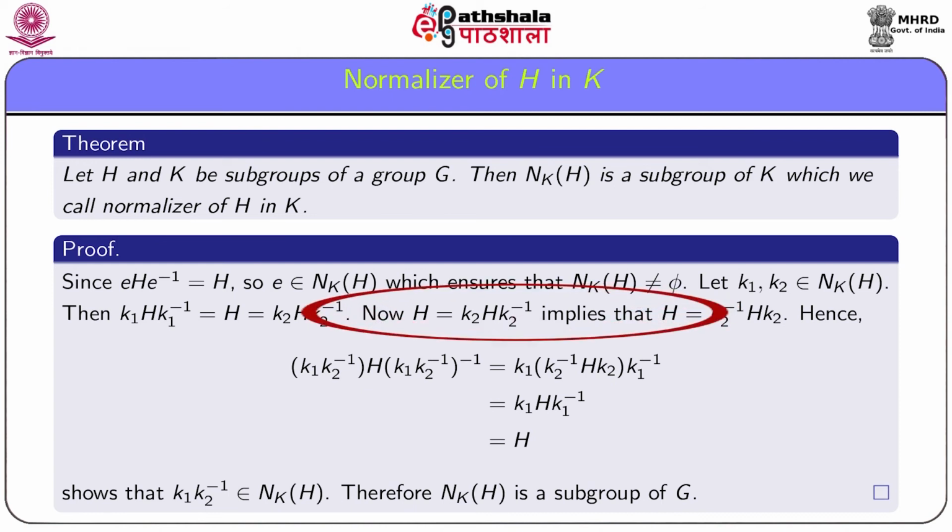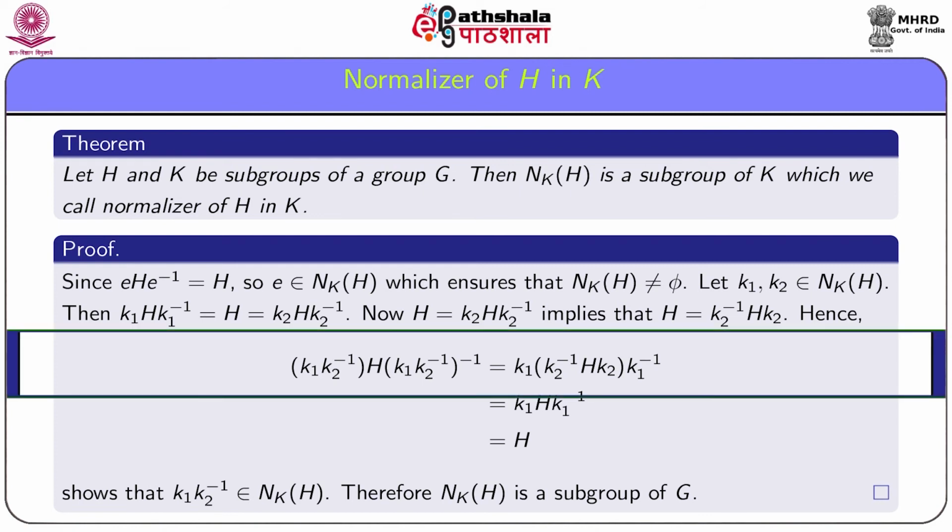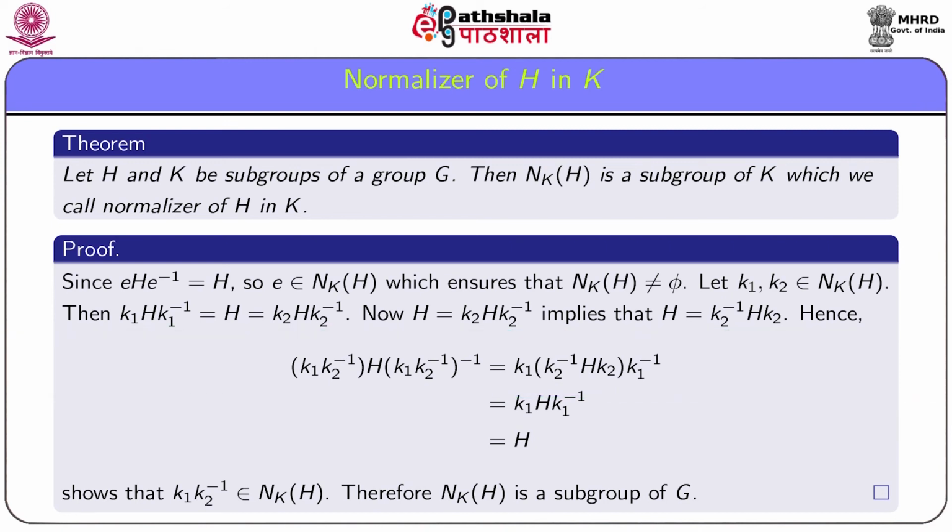Now H equal to k2Hk2^{-1} implies that H equal to k2^{-1}Hk2, and hence k1k2^{-1}H(k1k2^{-1})^{-1} is equal to k1(k2^{-1}Hk2)k1^{-1}.